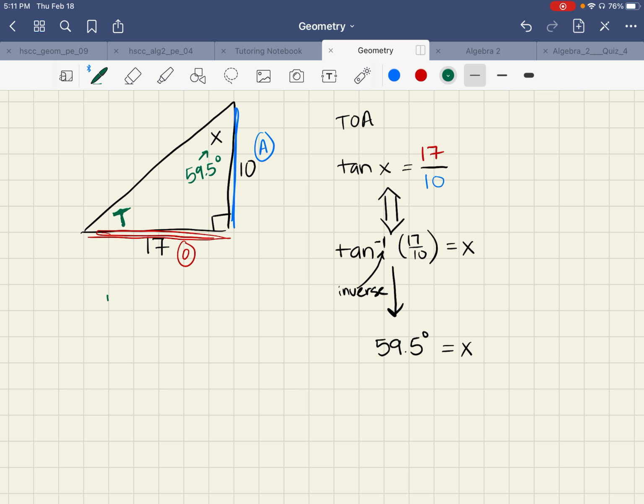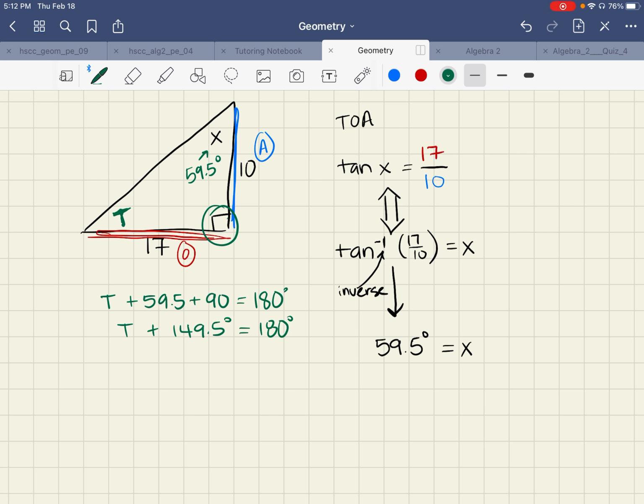So we know that if we take angle t and add it to the 59.5 and add that to 90, because that's what this angle is over here, the total should equal 180. We combine the numbers, and we get t plus 149.5 is equal to 180.